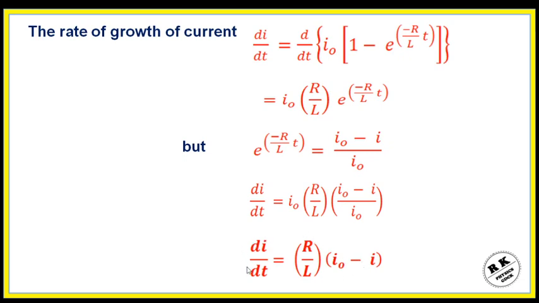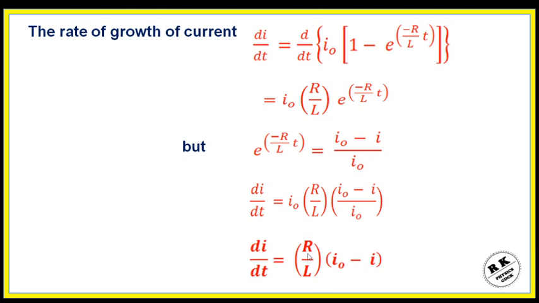So, same thing can be concluded or proved from this equation. Another one is this R by L. When it is taken into the denominator, it becomes L by R, which is nothing but time constant lambda. So, time constant is coming in the denominator in this equation. Greater is the time constant, smaller will be the rate of growth.